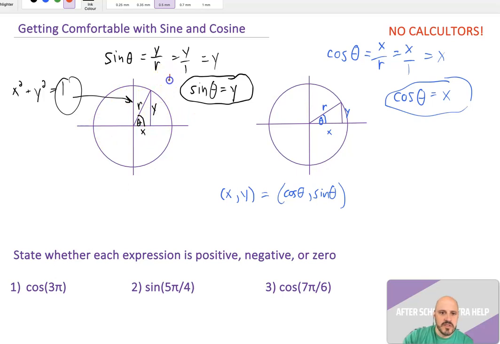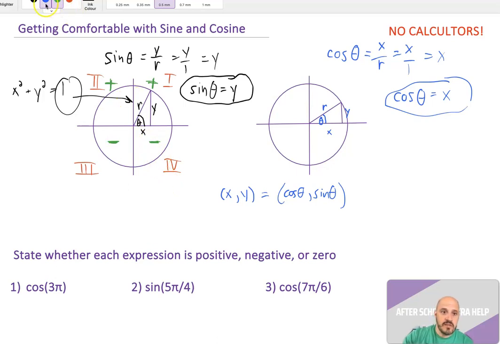Let's label our quadrants: the first, second, third, and fourth. Sine is positive in my first quadrant and positive in my second quadrant. In my two bottom quadrants, the third and the fourth, sine is negative.